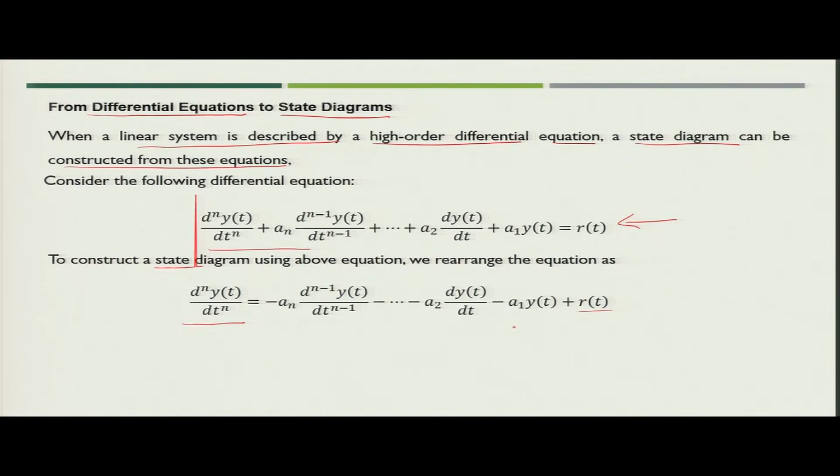Now, what we can see is that if you take the individual Laplace transform, you can write this as Y(s), this particular component as sY(s), and this as s to the power n minus 1 Y(s), and so on. So, you know that individual components you can represent as their Laplace transform.